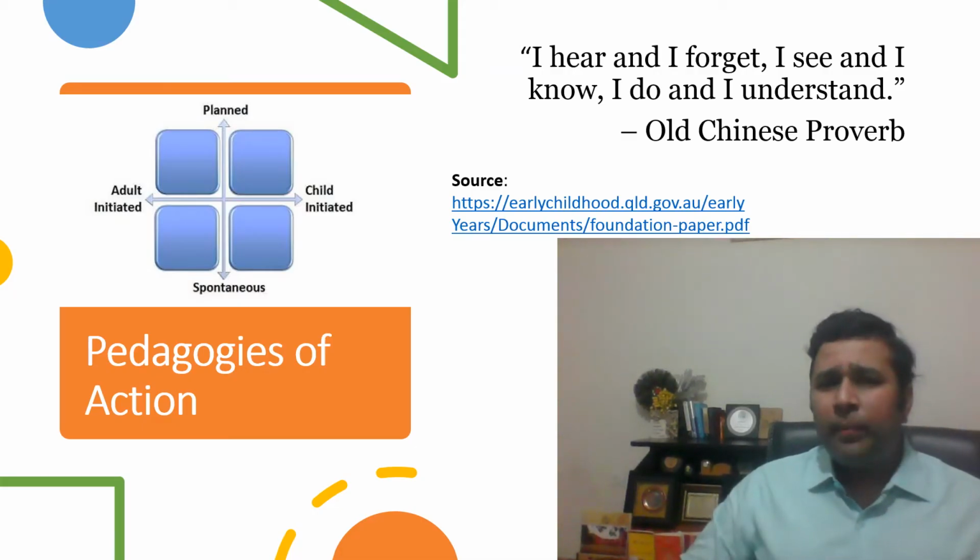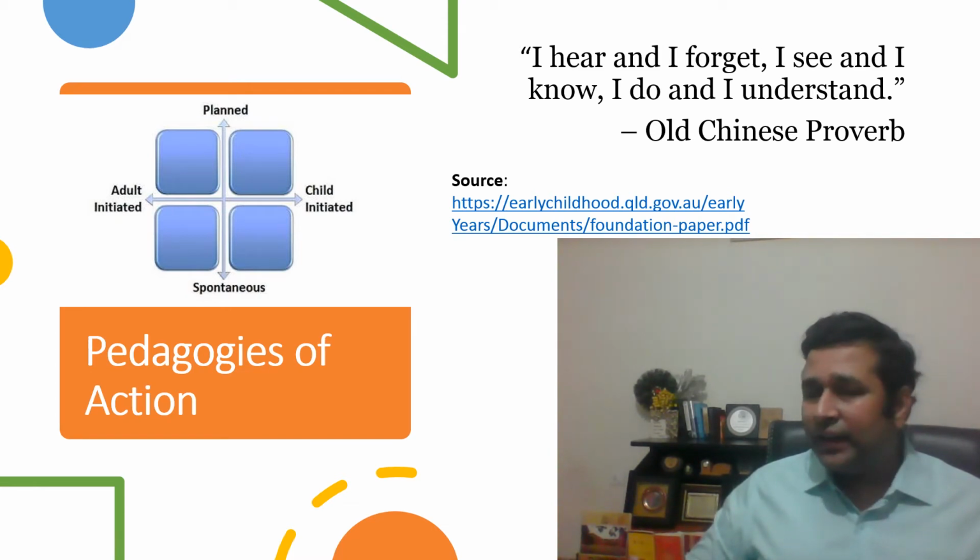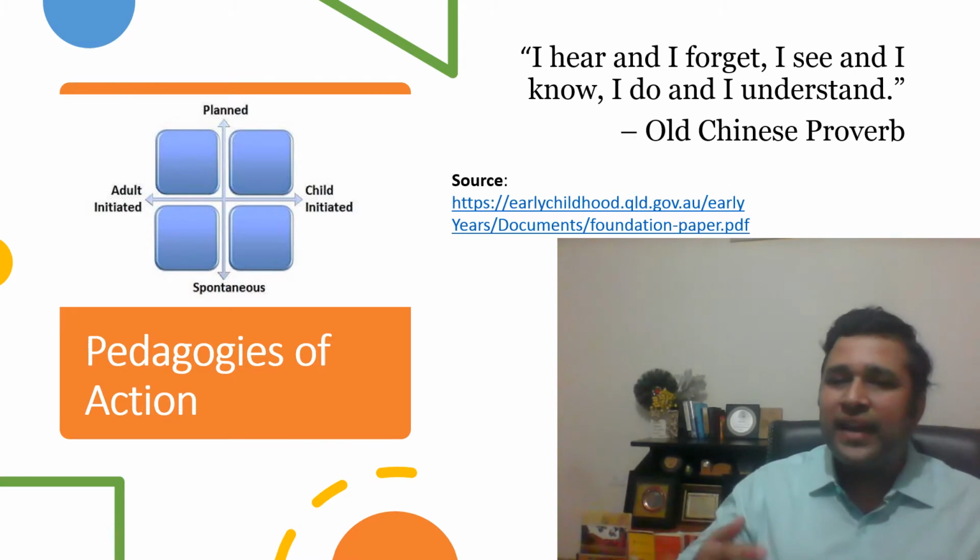There is this old Chinese proverb regarding learning, which says: I hear and I forget, I see and I know, I do and I understand. So there are three levels of learning. At the hearing stage, the person is likely to forget.